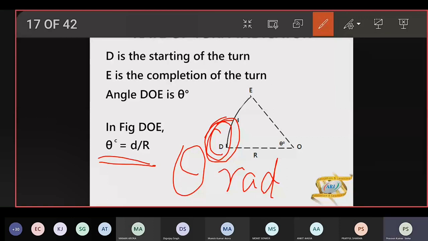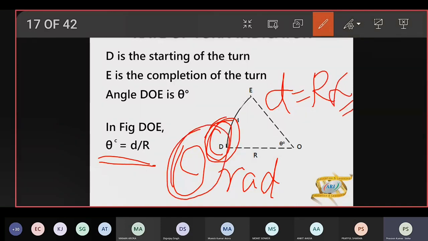We did d is equal to r into alpha, where alpha was in radians. So here theta is in radians. So definitely alpha will be d by r, which is what it is here.